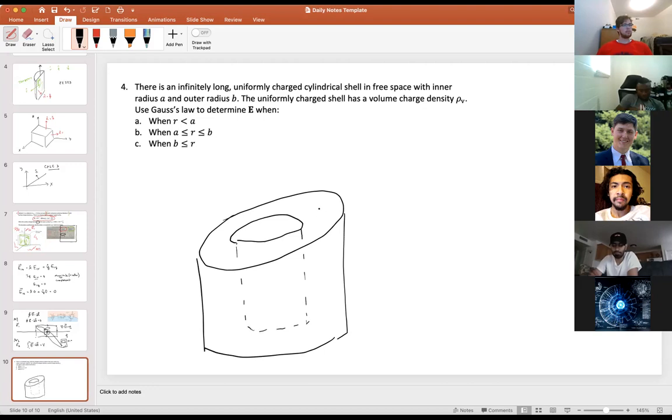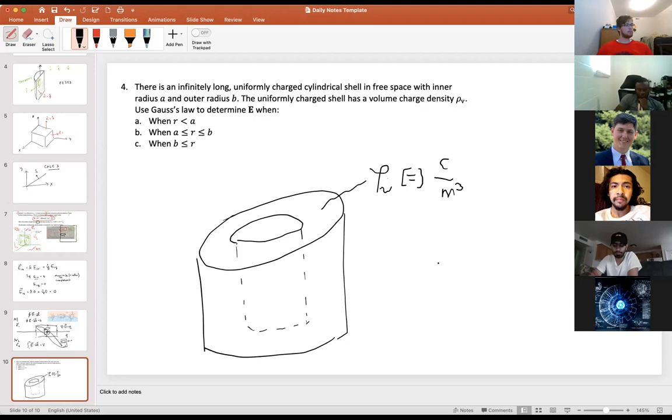So this has some volume charge density, and the units on this right are coulombs per meter cubed.